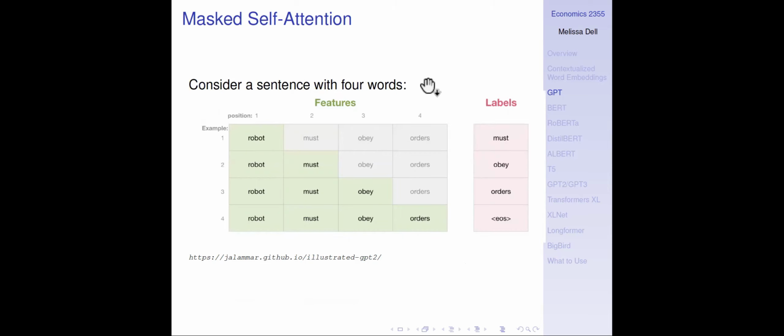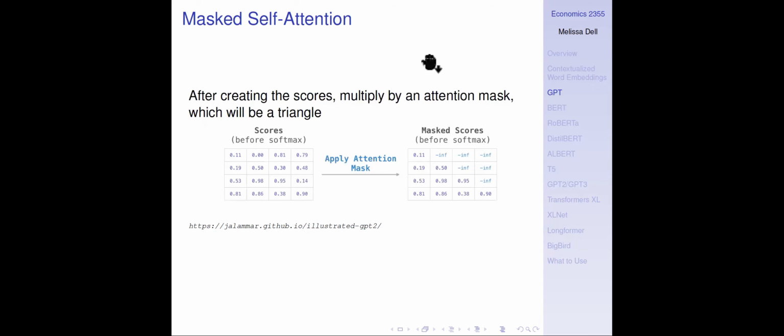This is just showing it here in a visually intuitive way, where you have a sentence with 4 words. You create the attention scores, but then you mask them. Think of it as a triangle, and the top right of that triangle is words that come later in the sentence that you can't see.